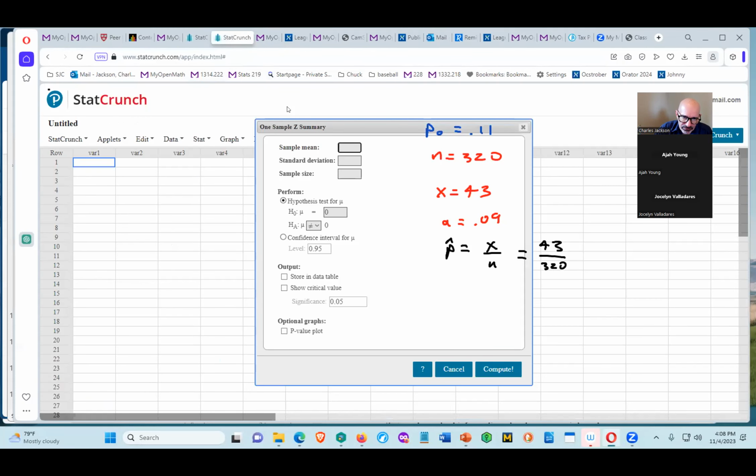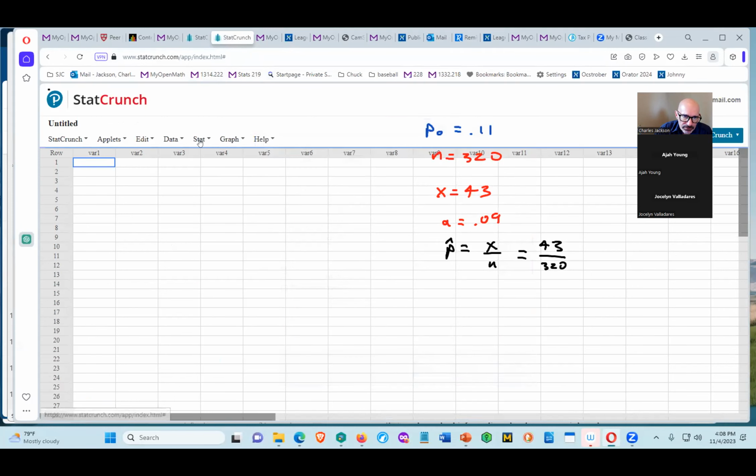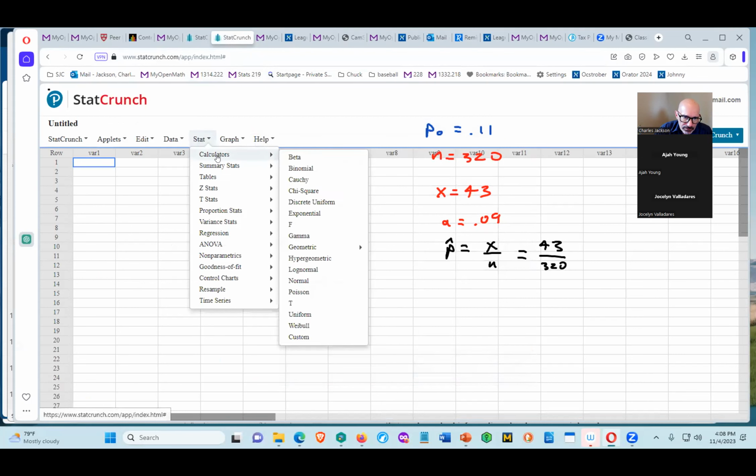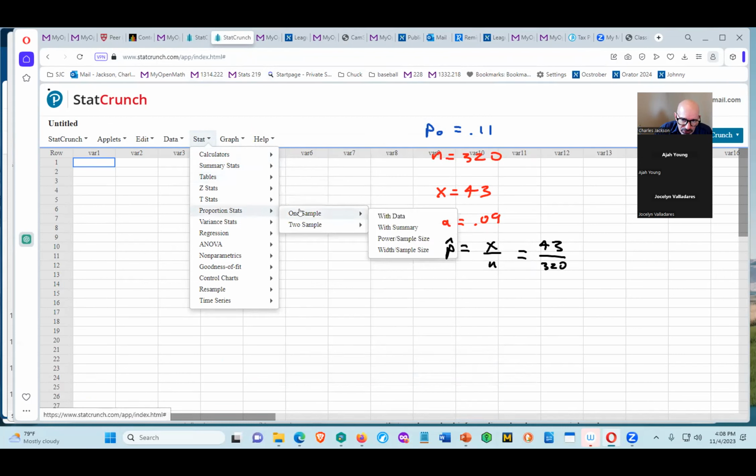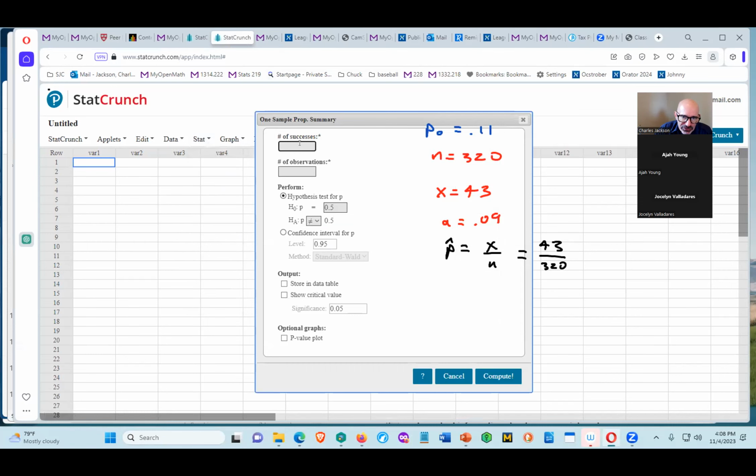So let's see. Sample mean, without proportion. I couldn't find in StatCrunch where you would do proportion. And that's why I said in the video, she didn't show it with the proportion. She only showed it with mu. It's got proportion stats, one sample, with summary. Number of successes is 43.